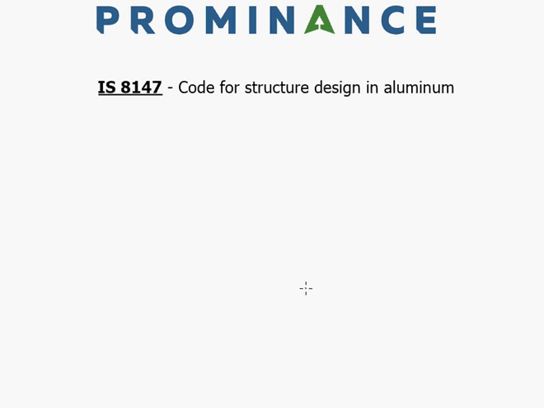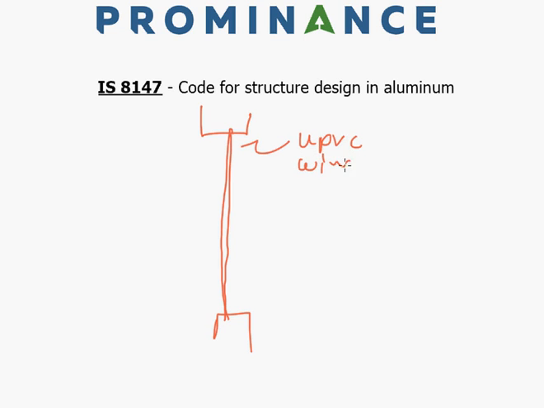So what this standard specifies is, let's assume I have a UPVC window or door installed in this particular fashion, which needs to be considered.